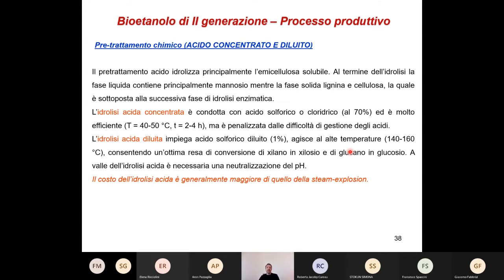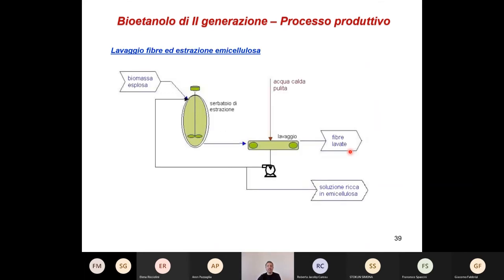So you have to separate them, and you have to consider them like a waste. So a lot of environmental and also chemical problems.